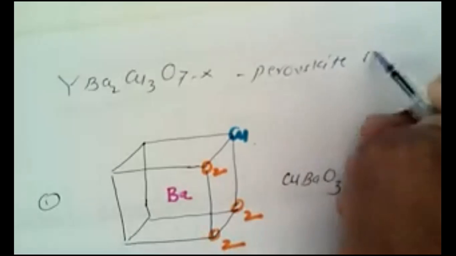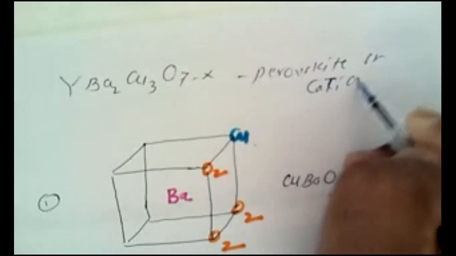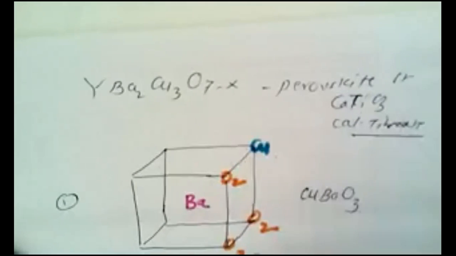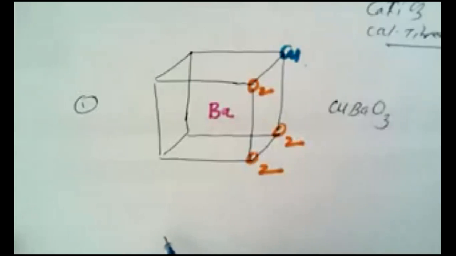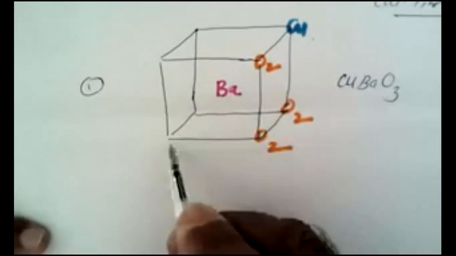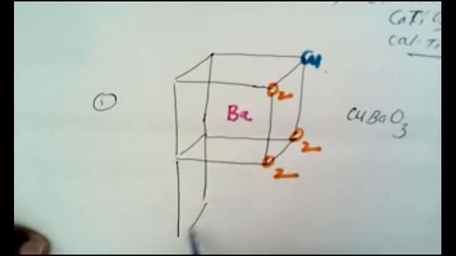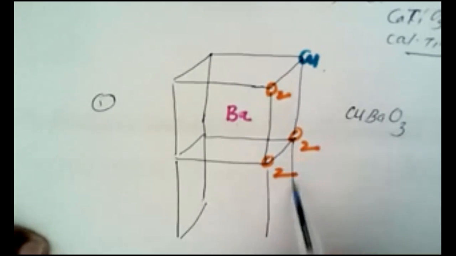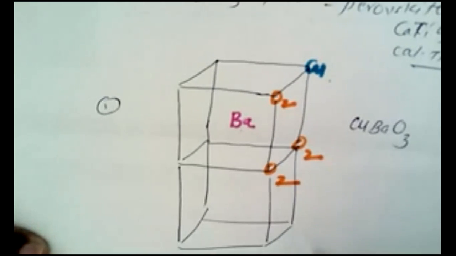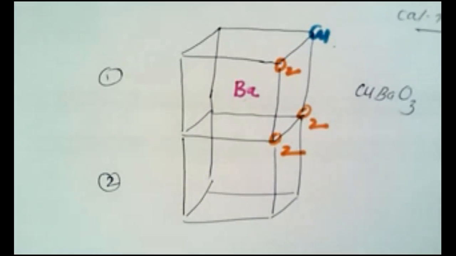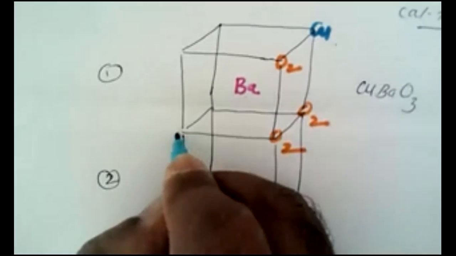If we elaborate this particular structure, it is somewhat comparable with the perovskite structure, which is nothing but CaTiO3, calcium titanate. The same structure is exhibited by this ceramic superconductor. Now there are 3 cubes which are stacked one above the other like this. This is cube number 2. This second cube has copper at this corner.